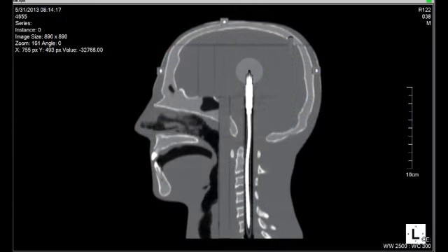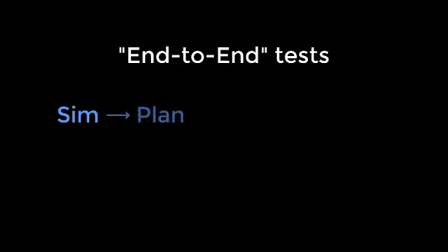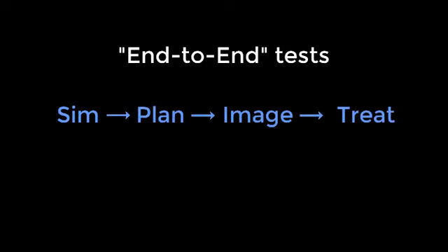Here's what that looks like in a CT scan, so you can find what the dose is at that particular point. So that then overall is the end-to-end test. You simulate, you plan, you image for alignment, and then you treat, all like you would for a patient. So it's end-to-end, meaning one end of the system to the other to really validate that everything is working as it should.